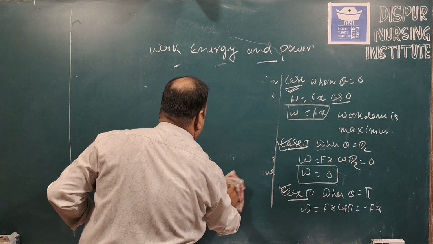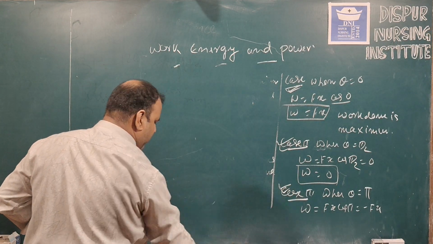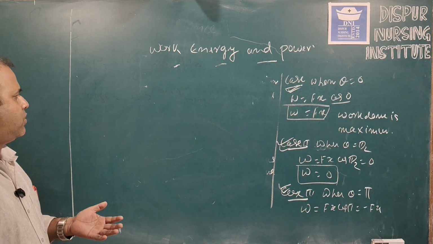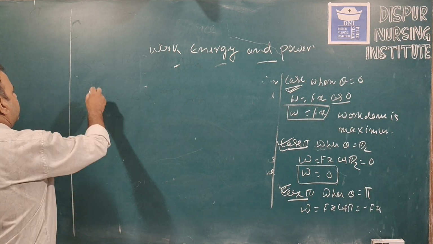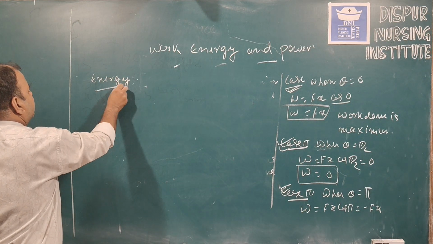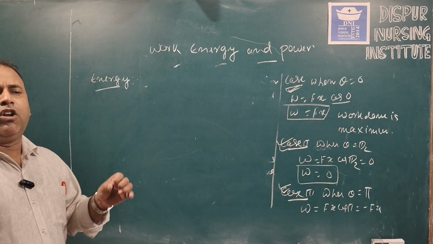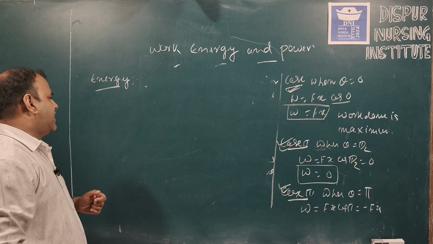Next you can see energy. What is the meaning of energy? Energy means ability to do the work. Ability to do the work is called energy. There are different types of energy, but in this case you remember only potential energy and kinetic energy.